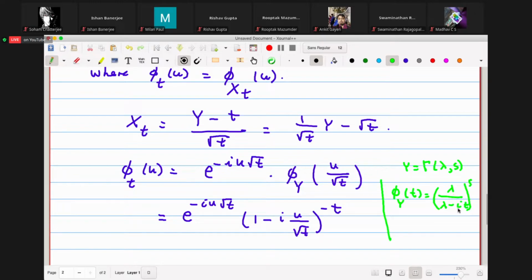So here lambda equals 1 and s is equal to t, and the variable is just u by square root of t. I have written here. And when you do that, this is what you get.